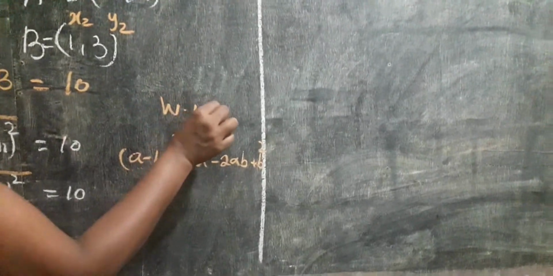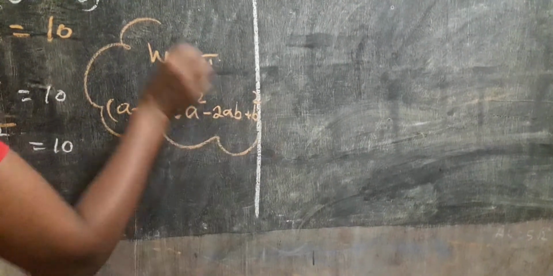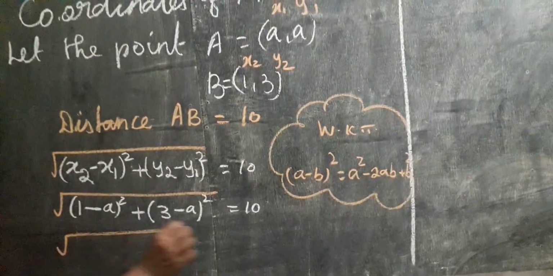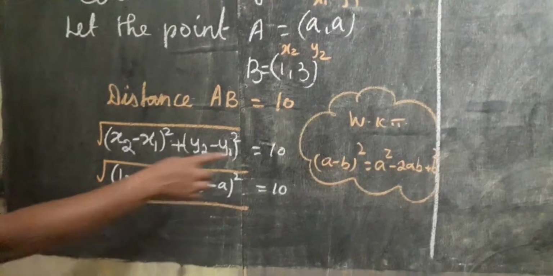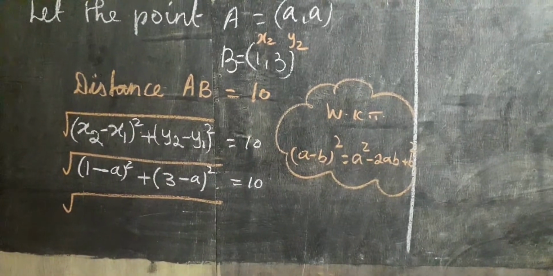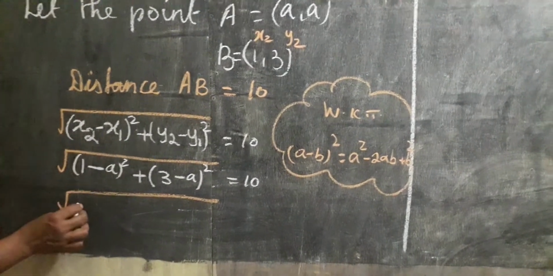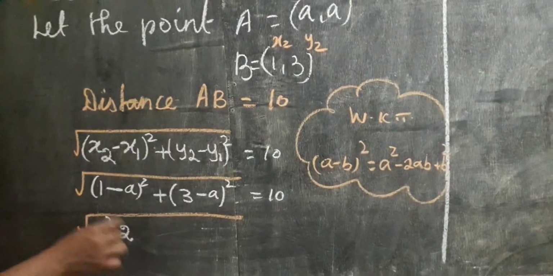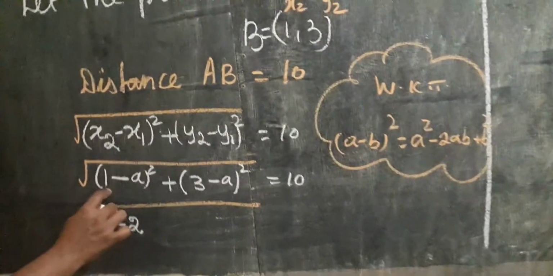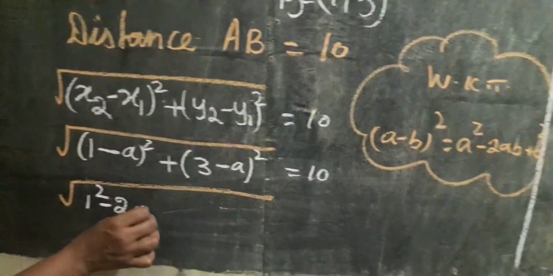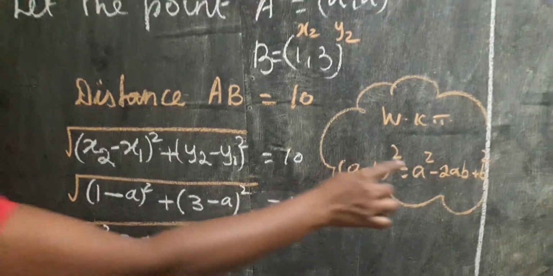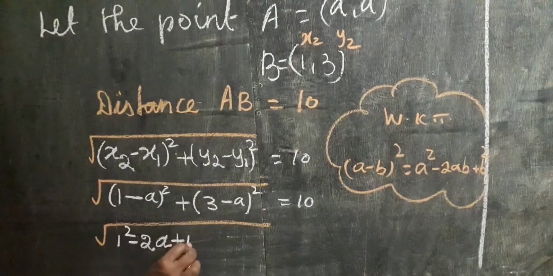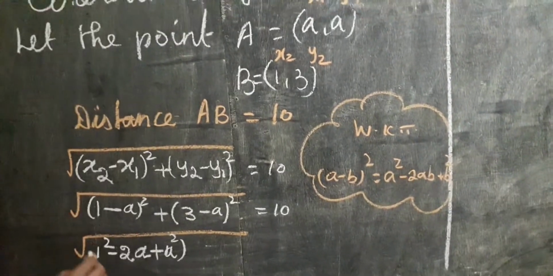So 1 minus A whole square is equal to 1 square minus 2 into 1 into A, that is 2A, plus A square. Okay, this is the first bracket.